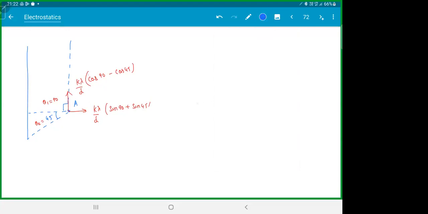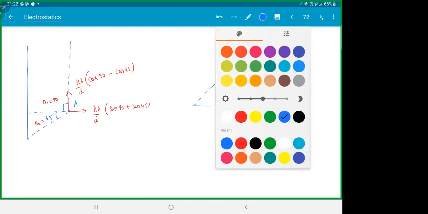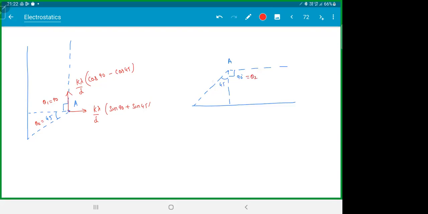The other one, this is point A. So this is 45 and this is 90. So let's say this is theta 2 and this is theta 1. So this component will be k lambda by d (sin 45 plus sin 90).